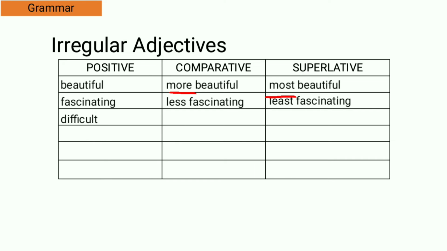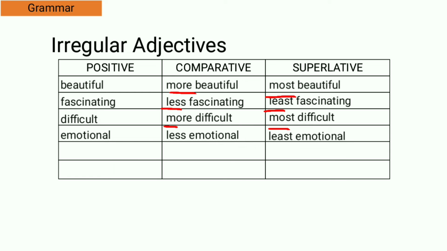Difficult, more difficult, most difficult. So you see, we have less, least, more, most here. Emotional, less emotional, least emotional. Energetic, more energetic, most energetic.